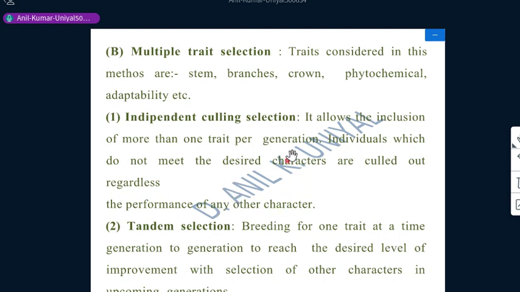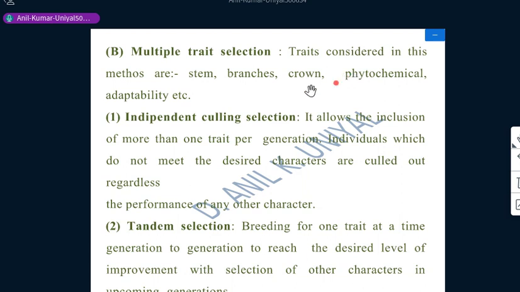Suppose we are going for phytochemical status and stem height at the same time, but in the F1 some individuals got only stem height and do not fulfill the criterion for phytochemical status.